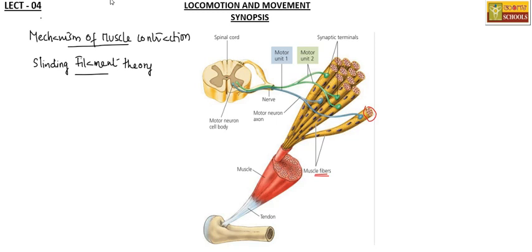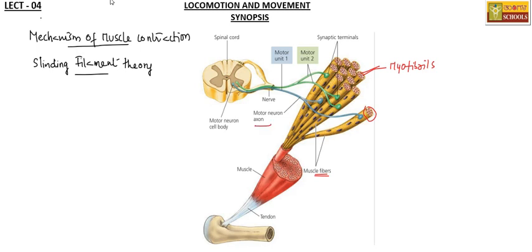Here you can see so many. Already we have seen the transverse section of this muscle, and inside you can see all these red dots. Those red dots are the myofibrils.